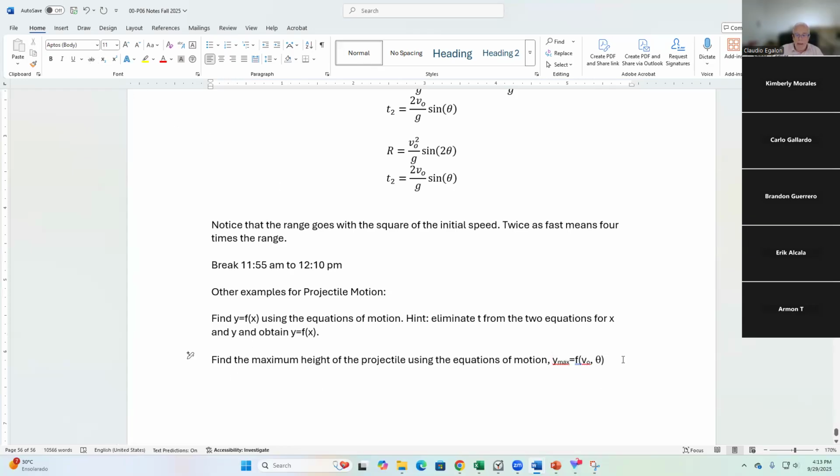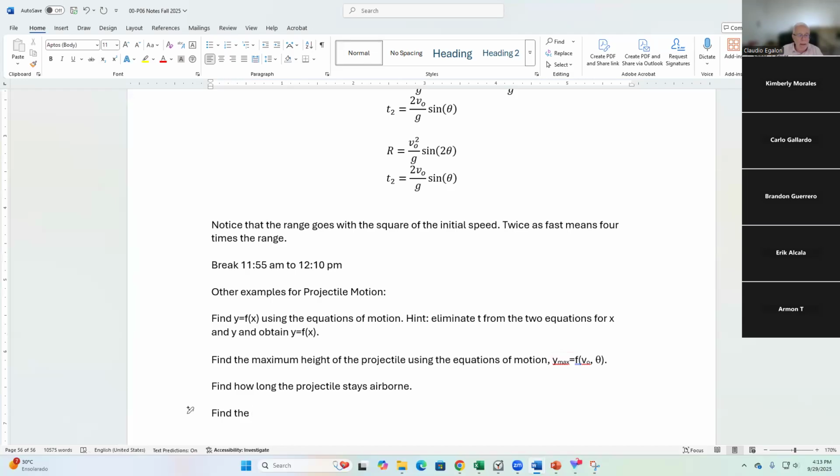Find the maximum height. Find how long the projectile stays airborne.